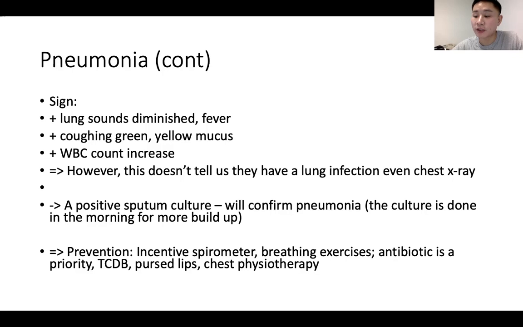A patient comes in suspected of having pneumonia. We always do the culture first before we give them any kind of antibiotic. Then we give them a broad spectrum antibiotic. Broad spectrum is not a specific antibiotic. It doesn't target a specific strain of bacteria.